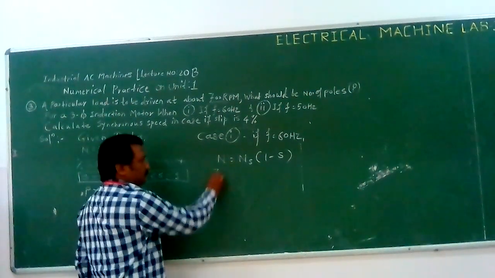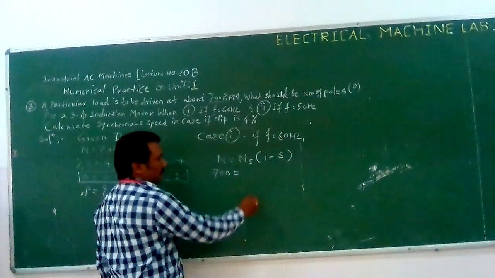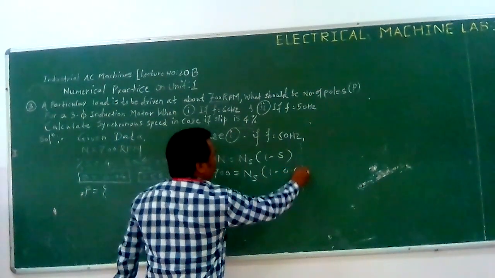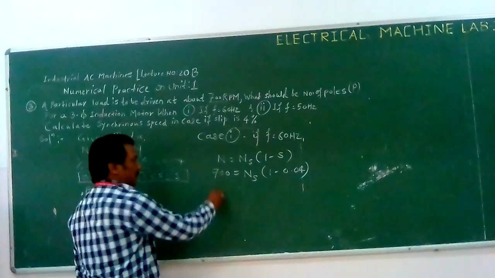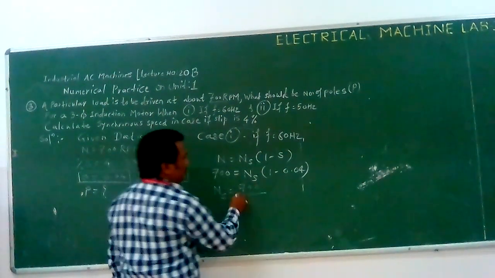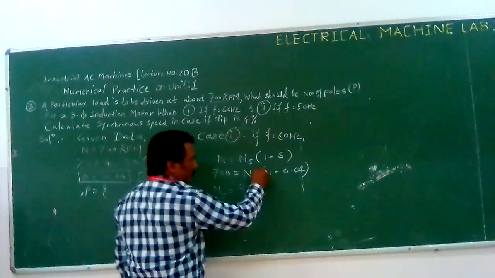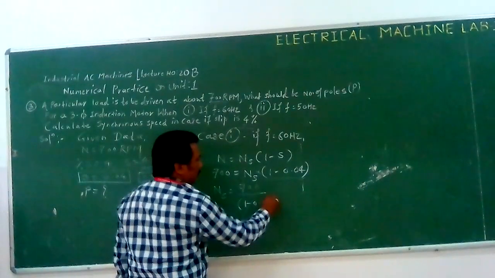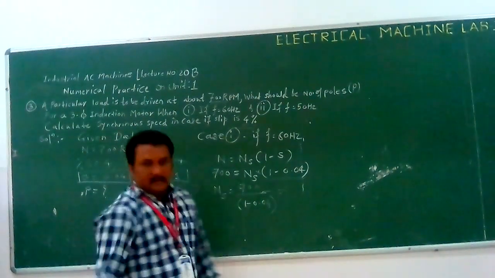So here N is 700, Ns is unknown, 1 minus 0.04, then Ns will be 700 upon 1 minus 0.04.